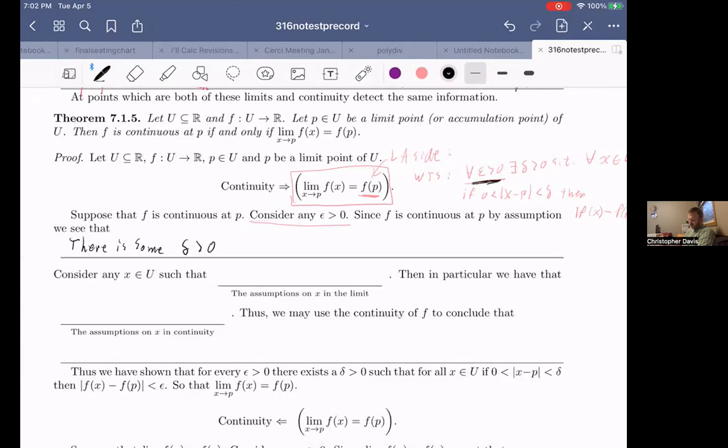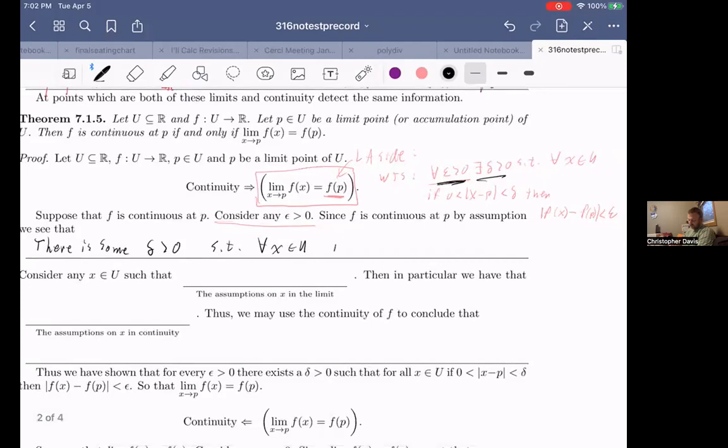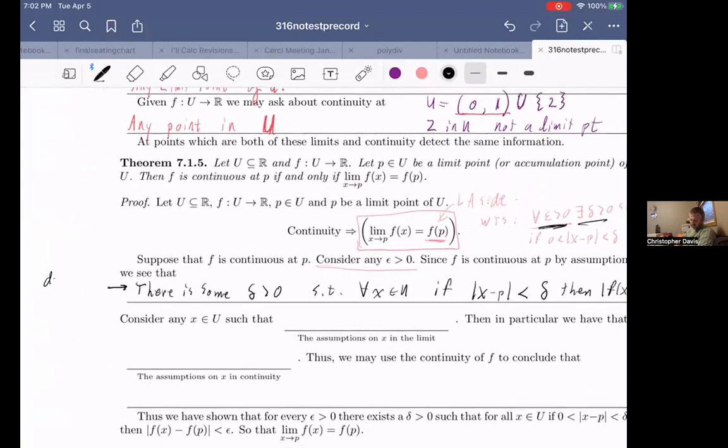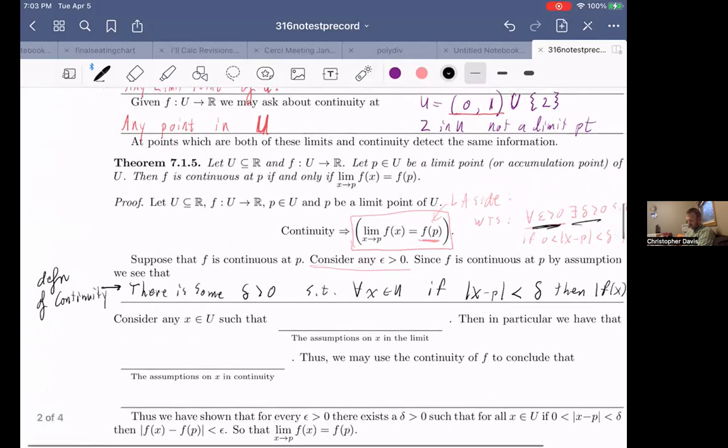So I've considered any epsilon, and I'm now coming up with my choice of delta, such that for all x in U, and now I'm using the definition of continuity, if absolute value of x minus p is less than delta, then absolute value of f of x minus f of p is less than epsilon. This right here is just by the definition of continuity. Nice.